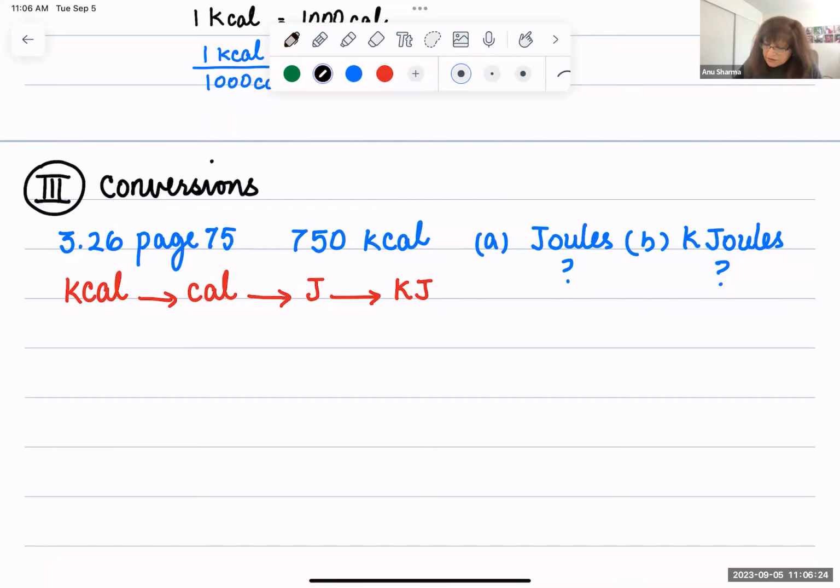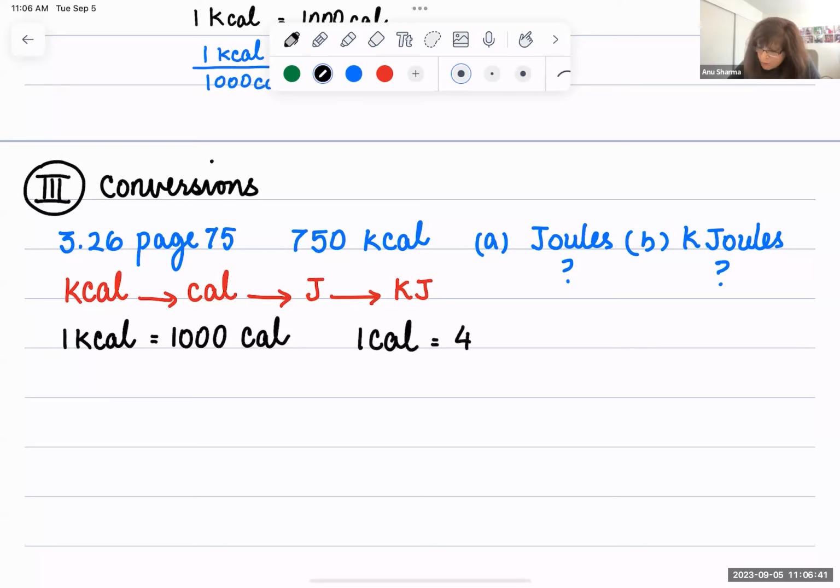So write down all that is known to you. We know that 1 kilocalorie is equal to 1,000 calories. Next, we know that 1 calorie is equal to 4.184 joules.